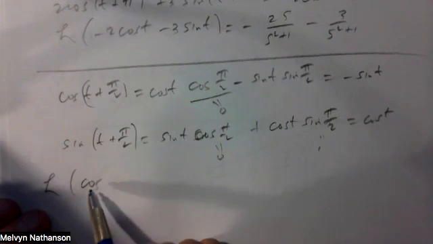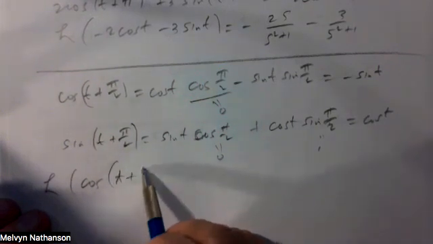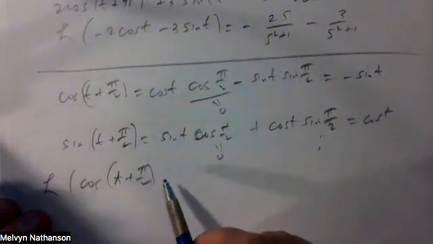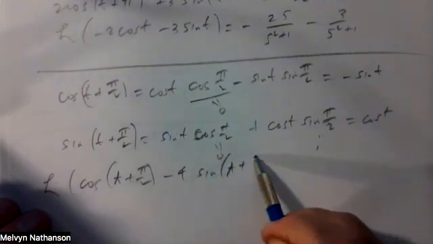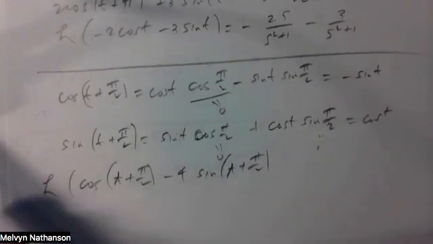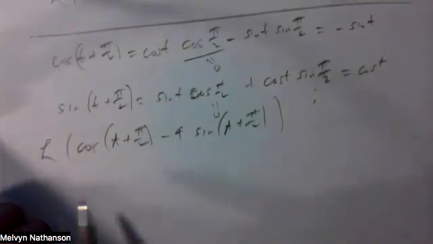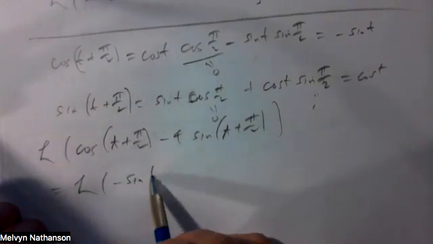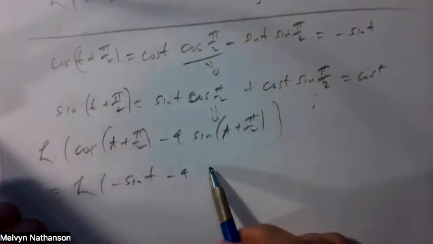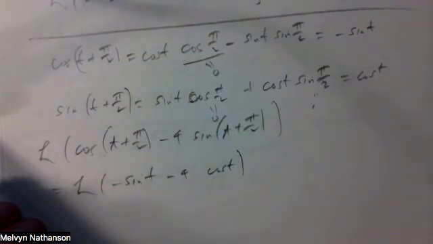So the Laplace transform of the cosine of t plus pi over 2 minus 4 times the sine of t plus pi over 2 is the same as the Laplace transform of minus sine t minus 4 cosine t.